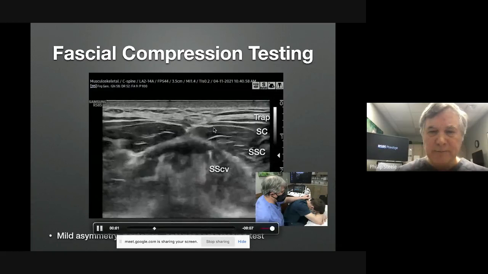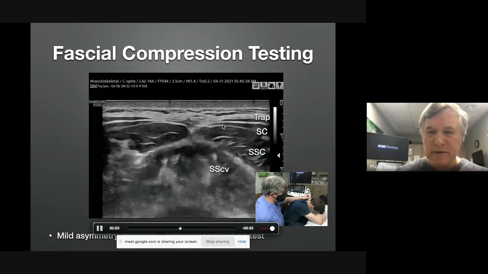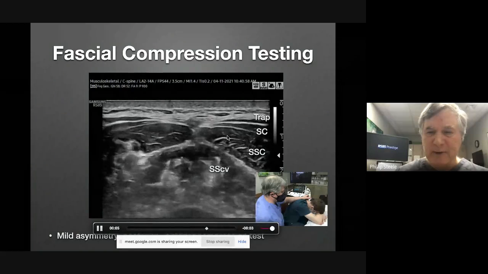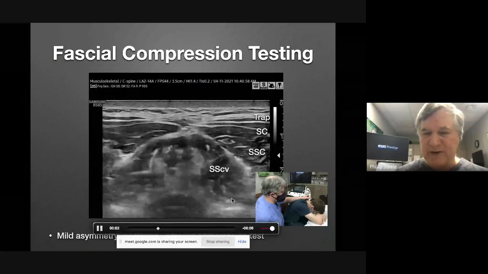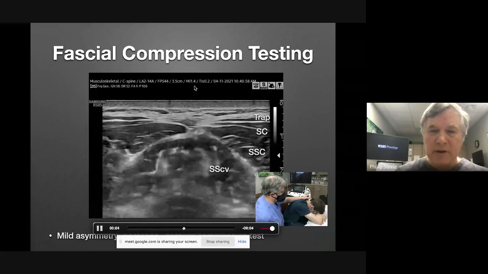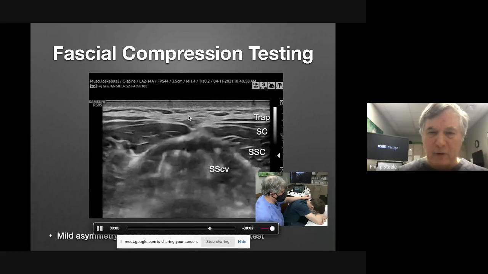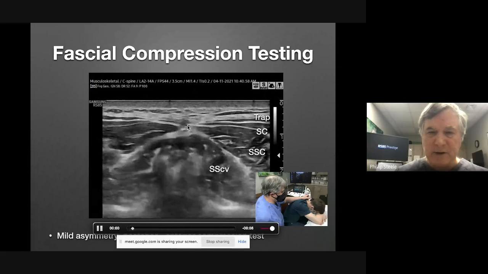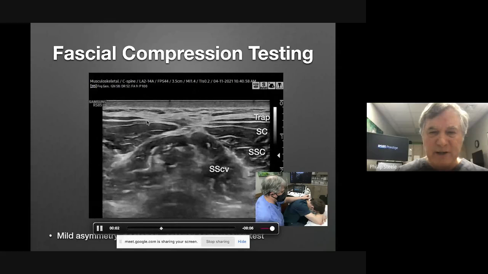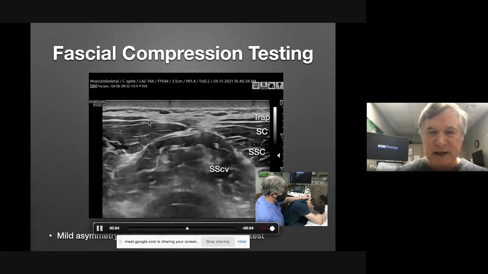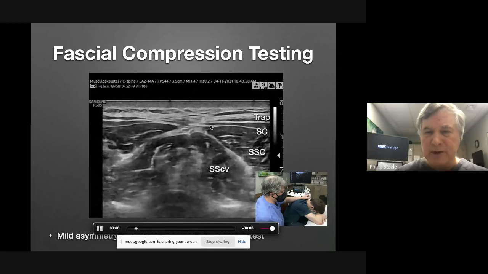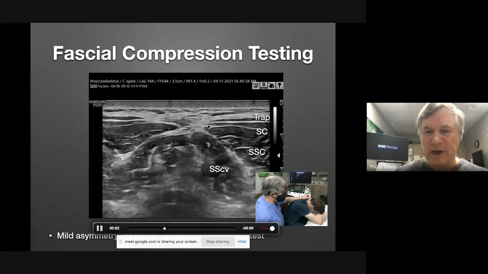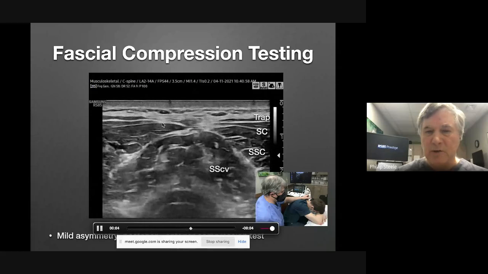So here's an example. Trap, splenius capitis, semispinalis capitis, semispinalis cervicis is right here, and then multifidus and rotaries are down here. I'm just applying compression back and forth, and I see this asymmetry. What's important to note is that with compression, trap stays the same distance here. Splenius capitis, no change with compression.